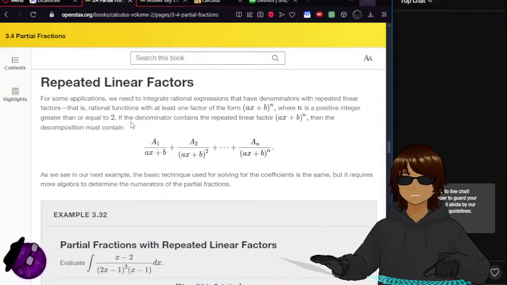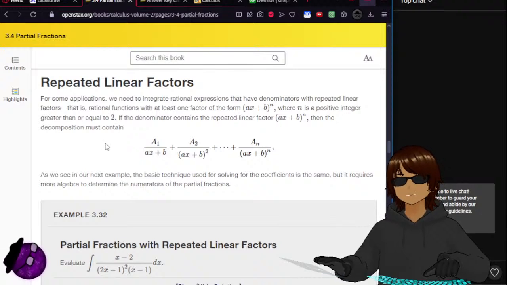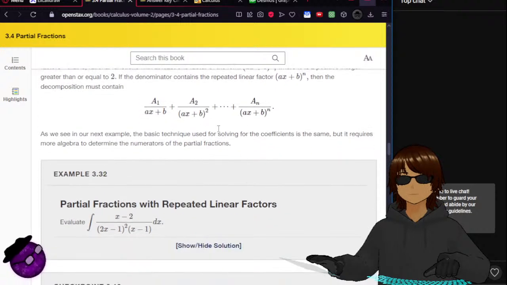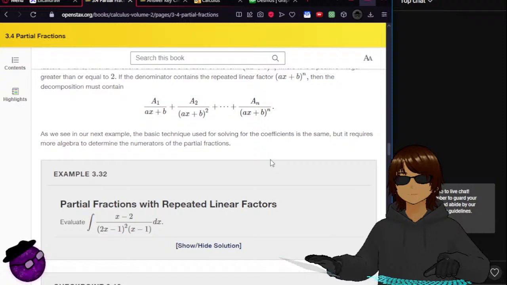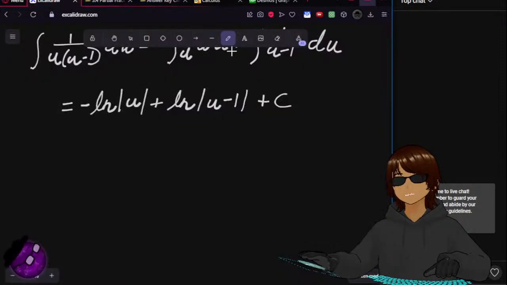If the denominator contains the repeated linear factor ax plus b to the power of n, then the decomposition must contain terms like this. Oh, I see. So one decomposition will have 2x minus 1 and then another with 2x minus 1 squared. So let's try this.